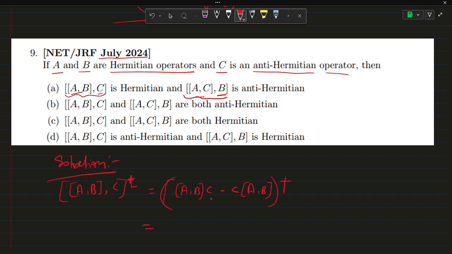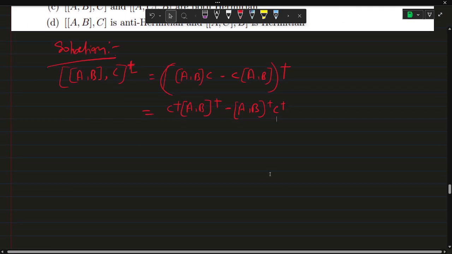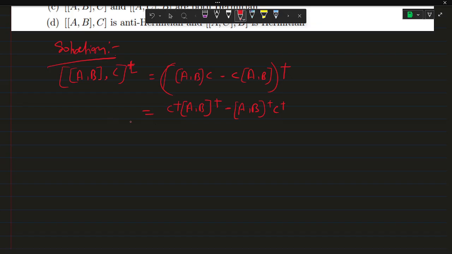So when we take the dagger of all this, it will be C dagger, AB dagger, minus AB dagger, C dagger. So both terms have AB dagger. So let's first solve it.